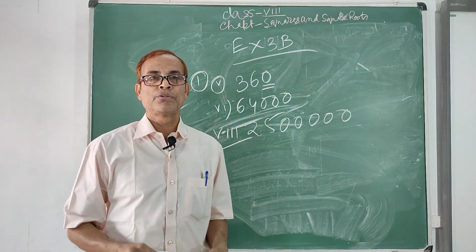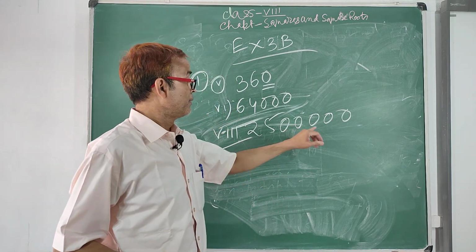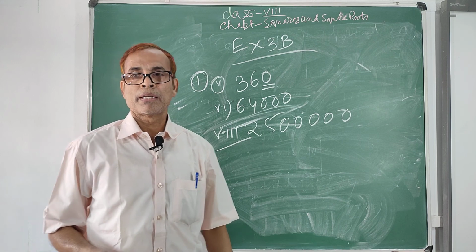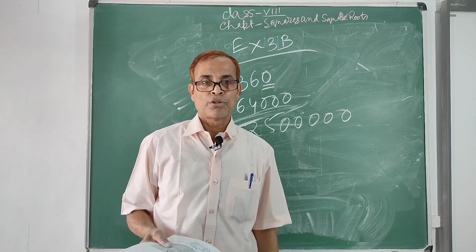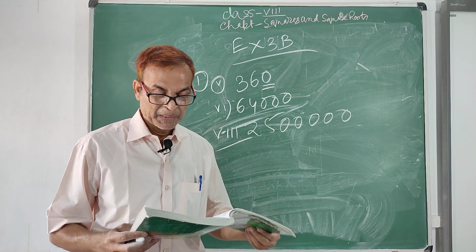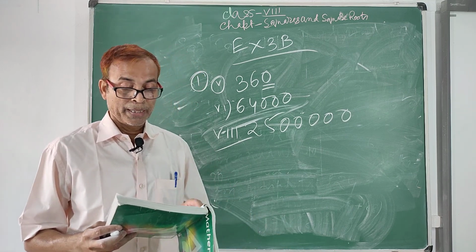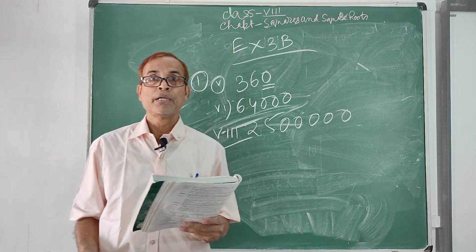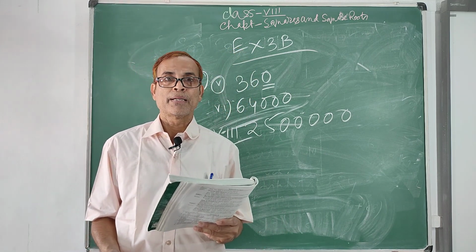Here the number of zeros is an odd number, that is 5 zeros. So the number is not a perfect square number by the property 2: a number ending in an odd number of zeros is never a perfect square.